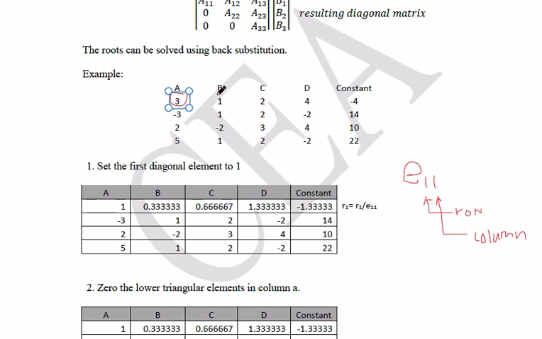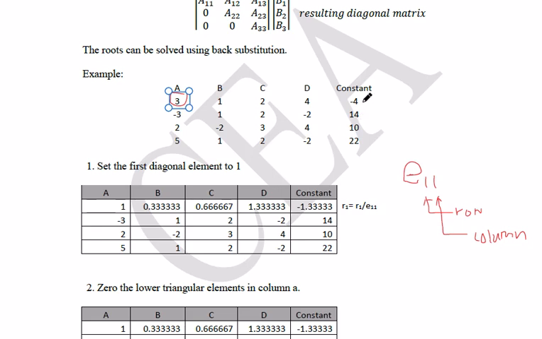So 1 divided by, that is the element in row 1, divided by, take note that E11 here is constant. 1 divided by 3 gives us 1/3 or 0.3333. Then we will apply it here. 2 divided by 3, that is 0.6667 or 2/3. We have 4 divided by 3, that will give us 1.333.